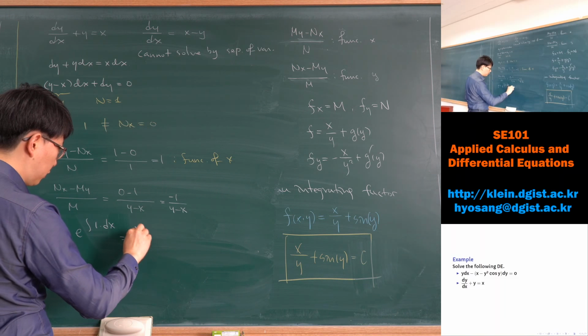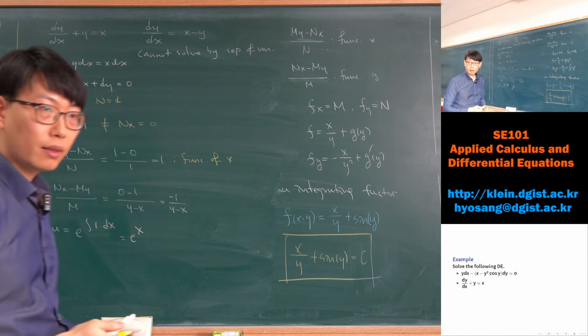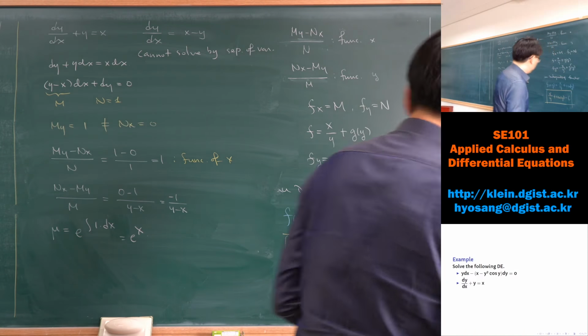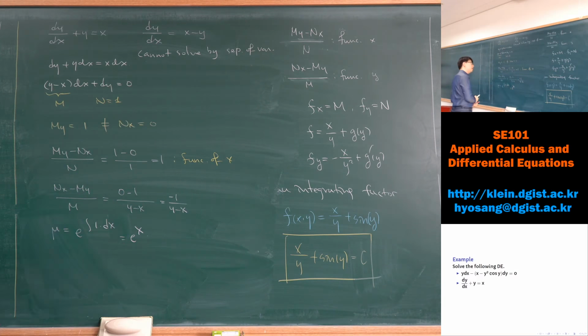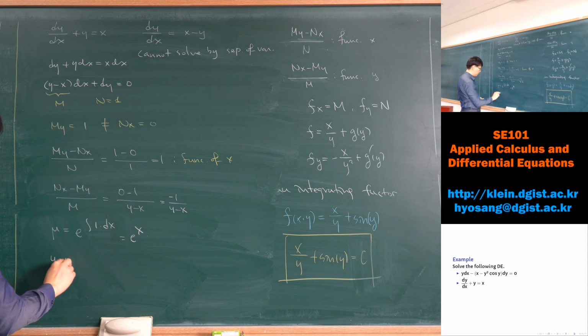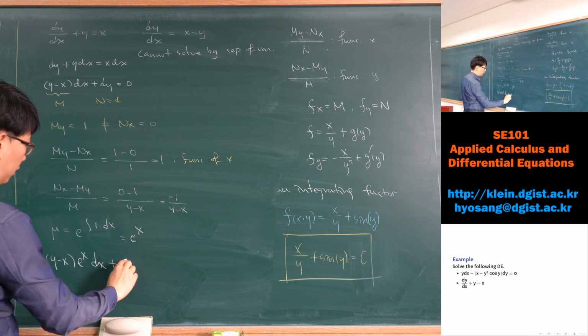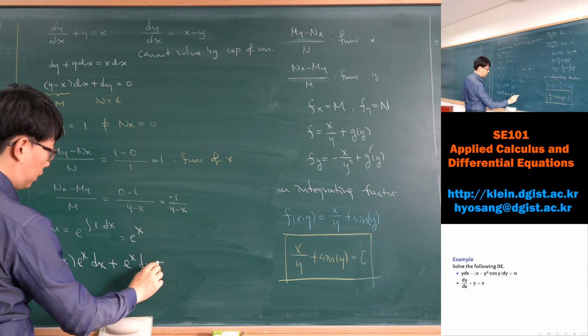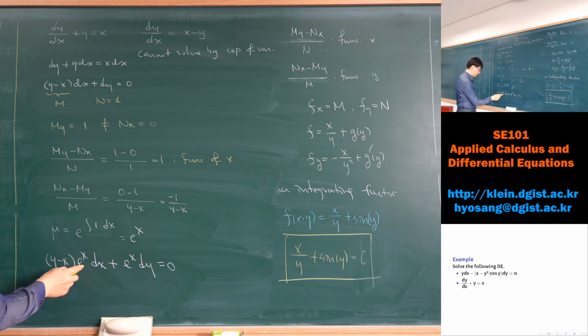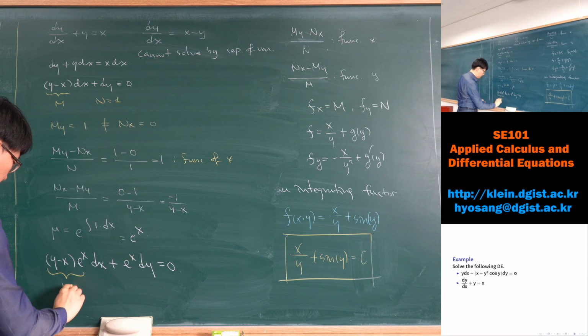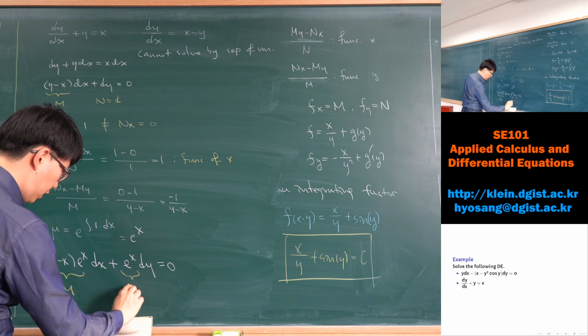So this is e to the x. So e to the x is the integrating factor. Let's multiply that to the equation. e to the x times (y minus x) dx plus e to the x dy equals 0. So this part is now M, and this part is N.